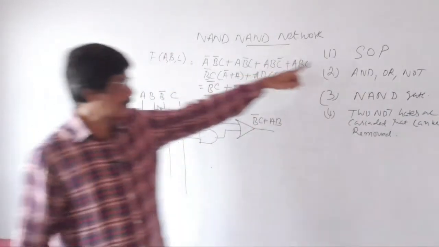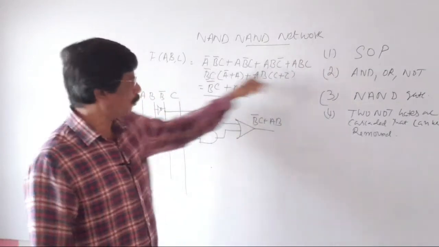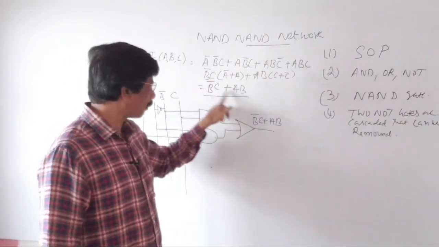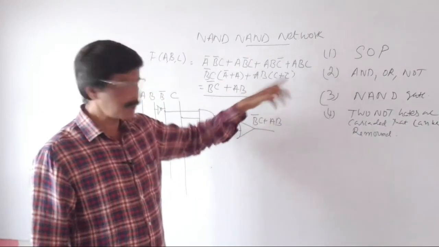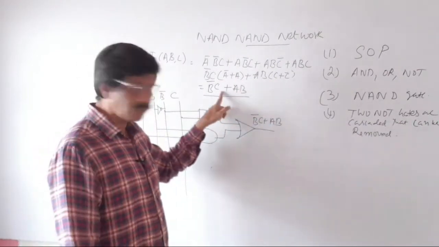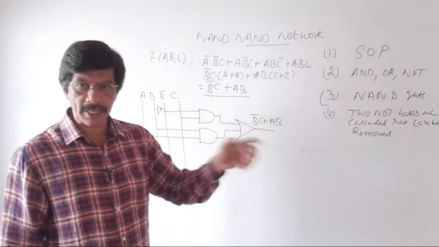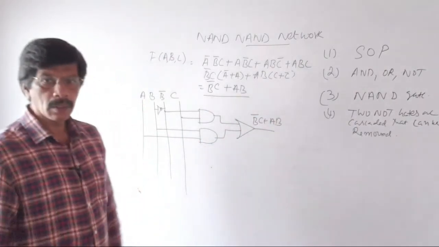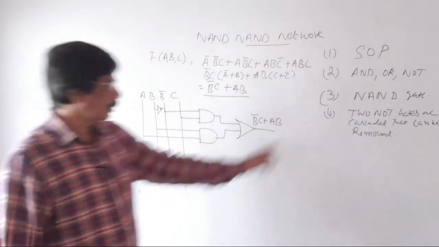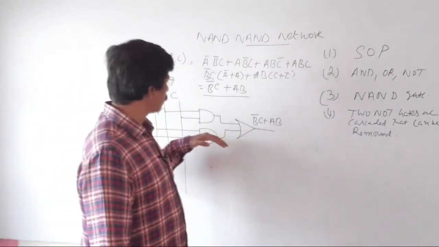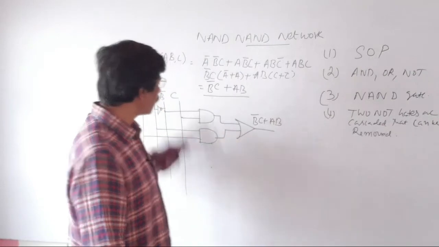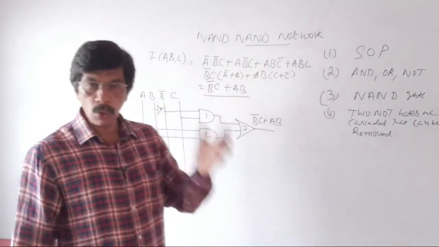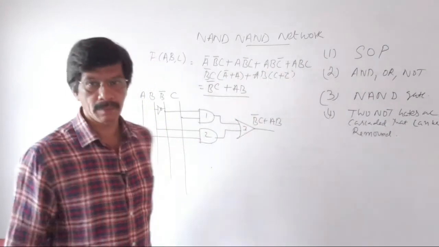The first step is the given equation in SOP form is simplified. The simplified equation is B bar C plus AB. The next step is draw the circuit for the simplified equation using basic gates AND or NOT gate. That is over. The next step is you replace these basic gates 1, 2, 3 by equivalent NAND gates.